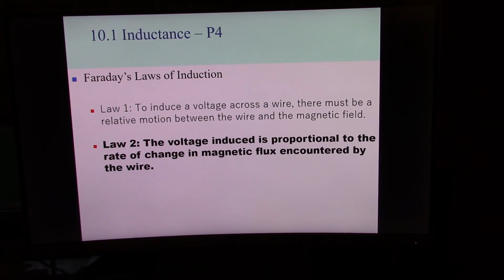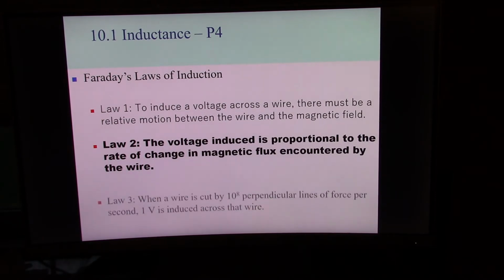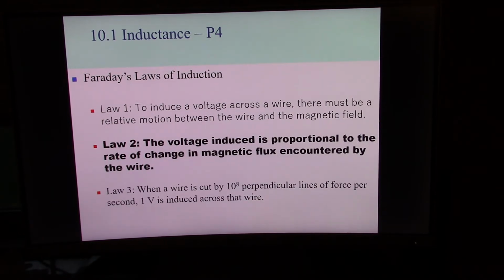And that depends on the rate of change of the magnetic flux that the wire will encounter. And this is the rule which says how much voltage is induced on a wire.